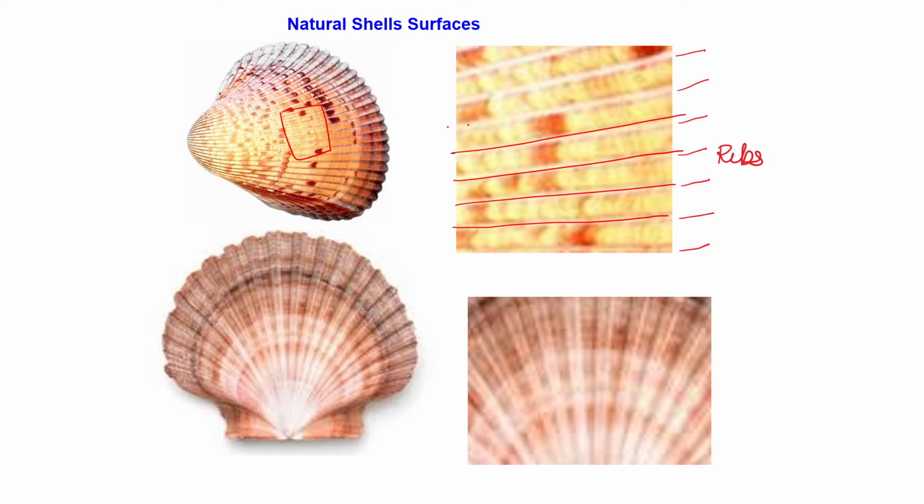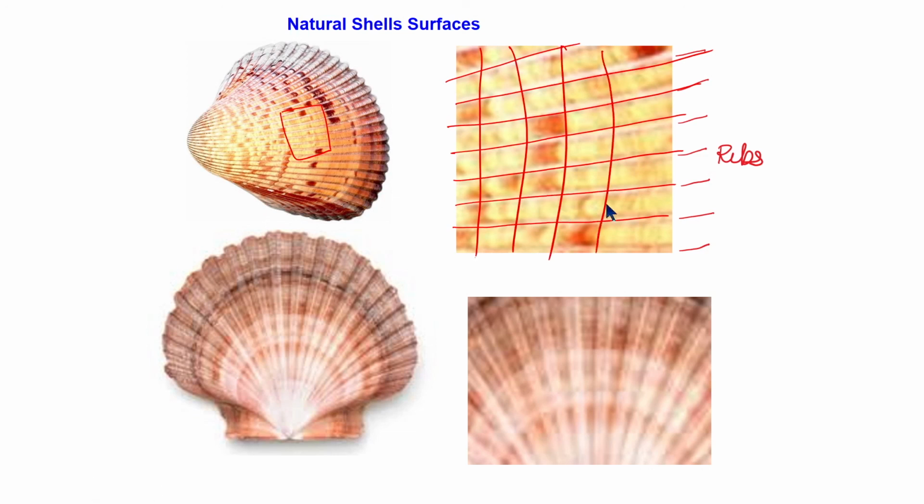So, if we want to study a shell, we have to prepare a reference element and these grids. Along this also, whatever curvature will come, we will define some parameters and finally be able to understand or develop the governing equations.